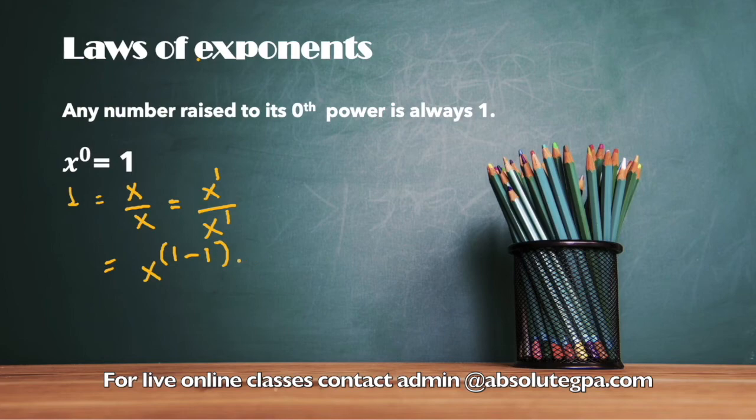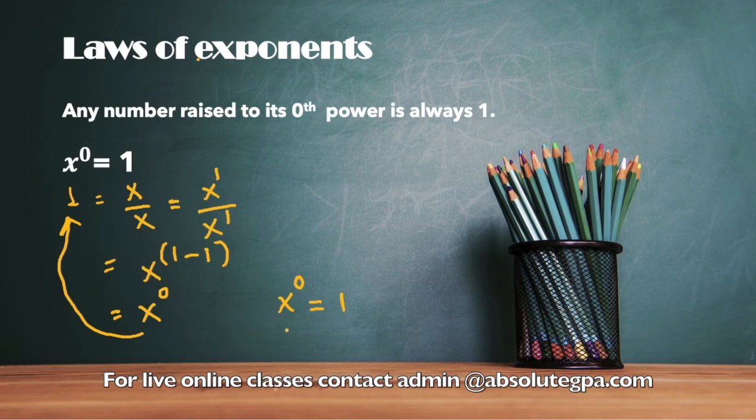That means the difference between the exponents of the denominator and the numerator, which is 1 here. So x to the power 1 minus 1 equals x to the power 0. And what is this x to the power 0? Which is 1. So we establish that x to the power 0 equals 1.